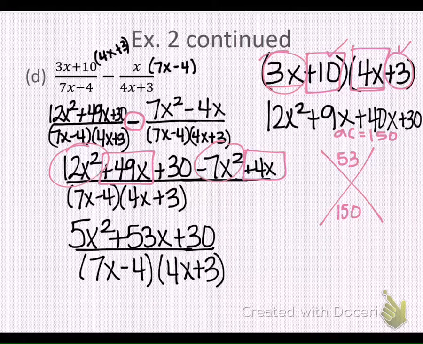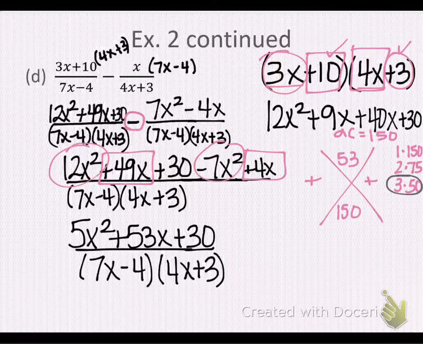Are my signs going to be the same or different? Same. And my factors of 150 are 1 times 150, 2 times 75, 3 times 50. Do you see any that will work? 3 times 50. So we've got a 3 and a 50, so that's x plus 3 times x plus 50.